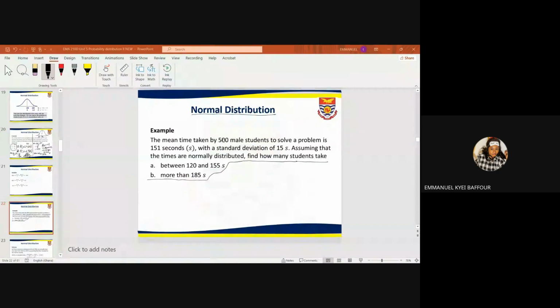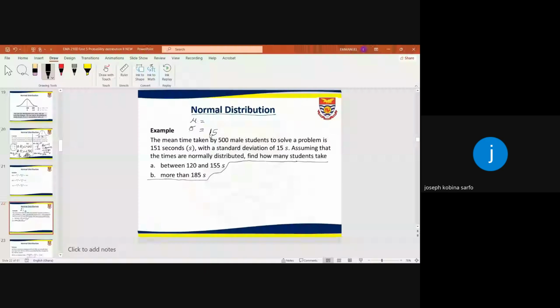So the first thing that you have to check from this, you have to look out for your mean, and then you look out for your standard deviation. So what is the mean and the standard deviation given in this particular question? The standard deviation is 15, but the mean is not 500.